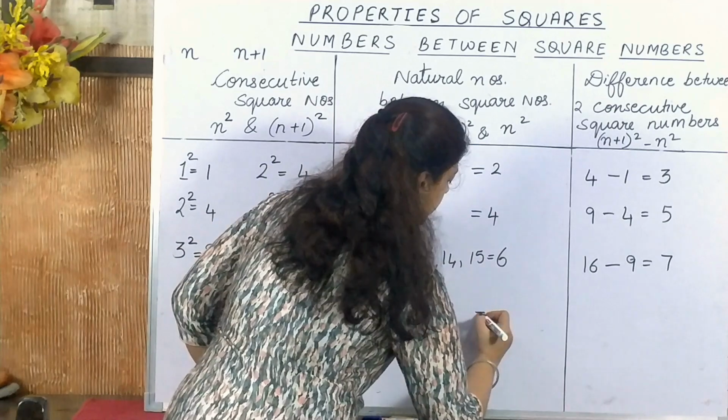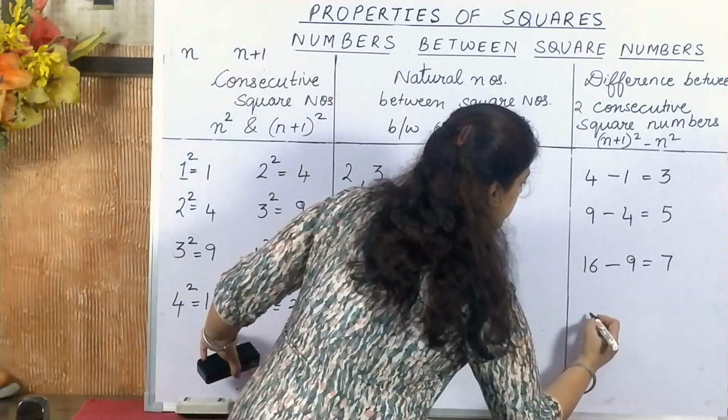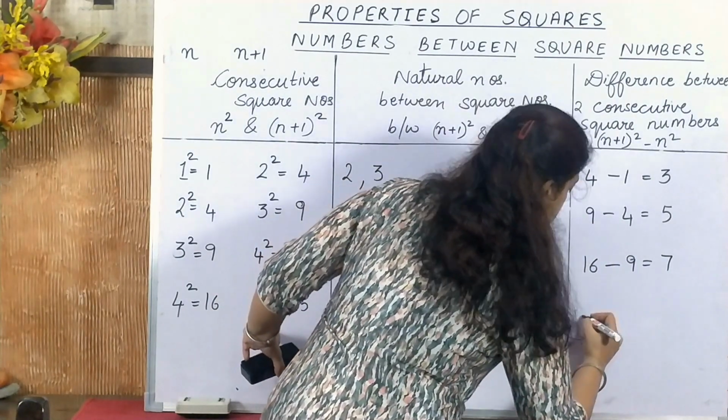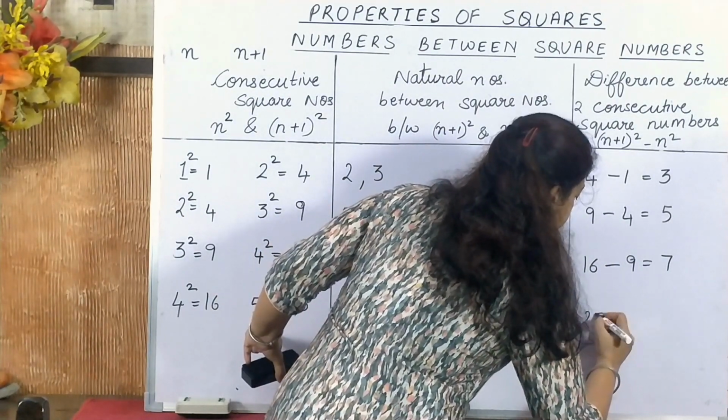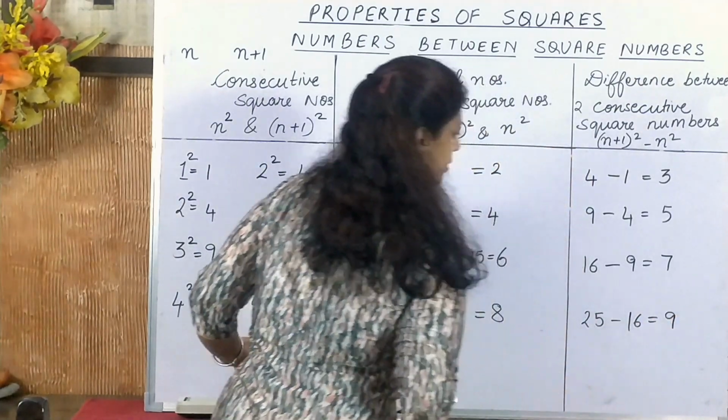That is 8 numbers. And what is the difference? N plus 1 is 5 here, between 5 square and 4 square. That is 25 minus 16, which is equal to 9.